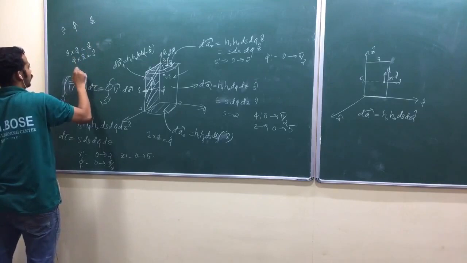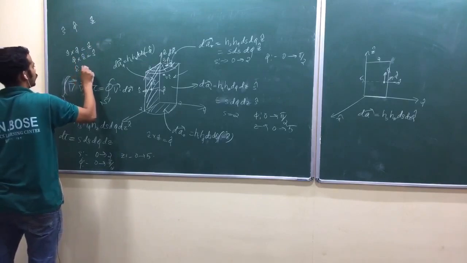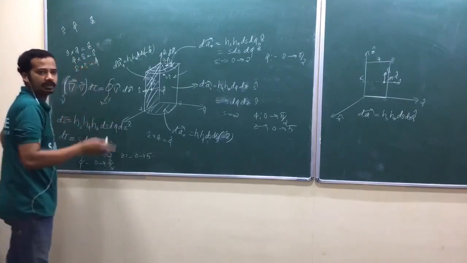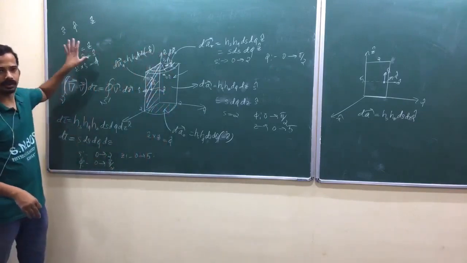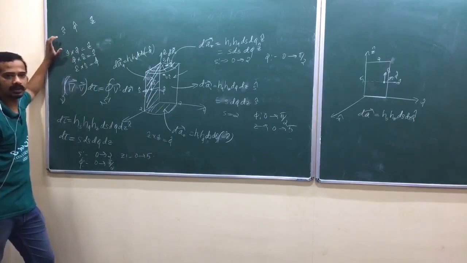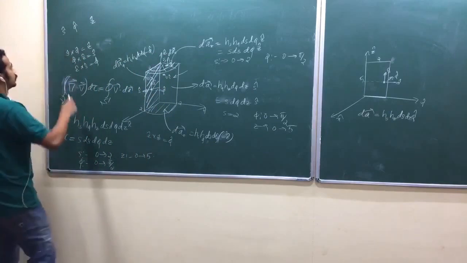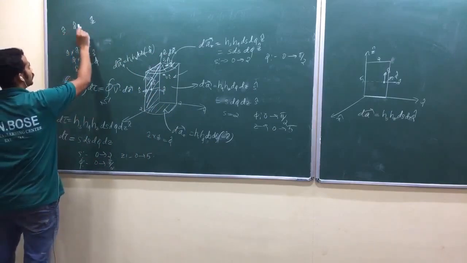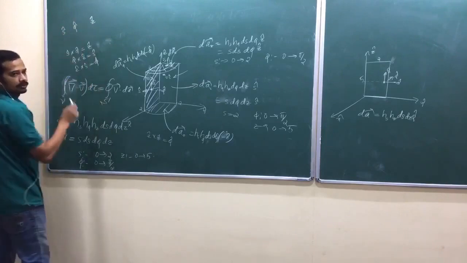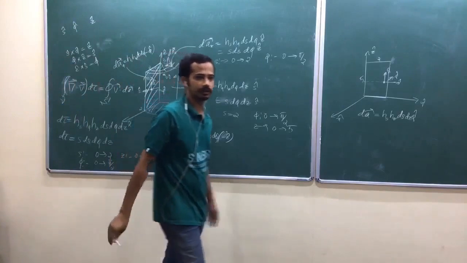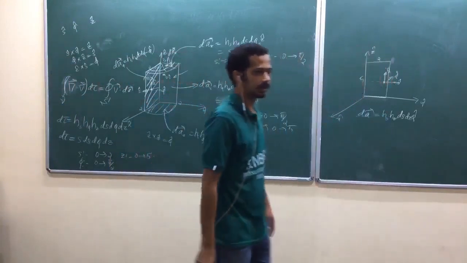So similarly, Z cap cross S cap, you should get phi cap, just like X cap, Y cap, Z cap. So again, they should be in cyclic order. We say like that. Is that okay? If you take cross product between these two, you should get this one. Between these two, you should get this one. Between these two, you should get this one. If you go the opposite way, you'll get negative sign.